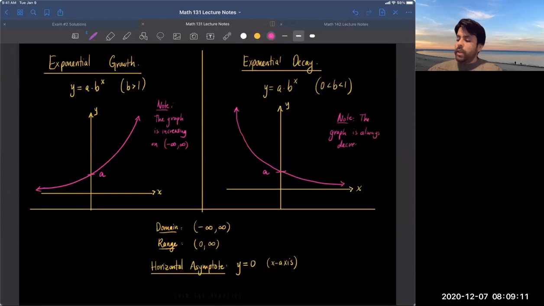So this is always decreasing on negative infinity to infinity, and this is always increasing, always. Okay?